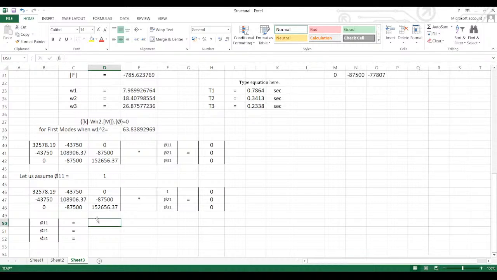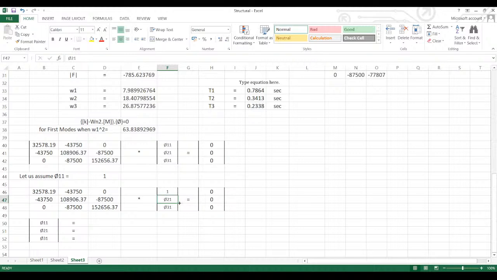What we have to do is use this matrix and multiply it with this one, and it is equal to 0. That is how we calculate: this into this plus this into this plus this into this is equal to 0.